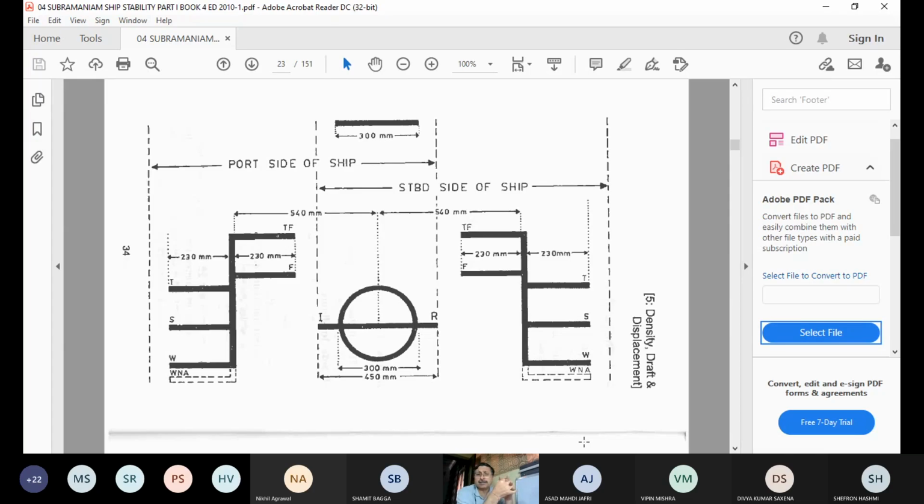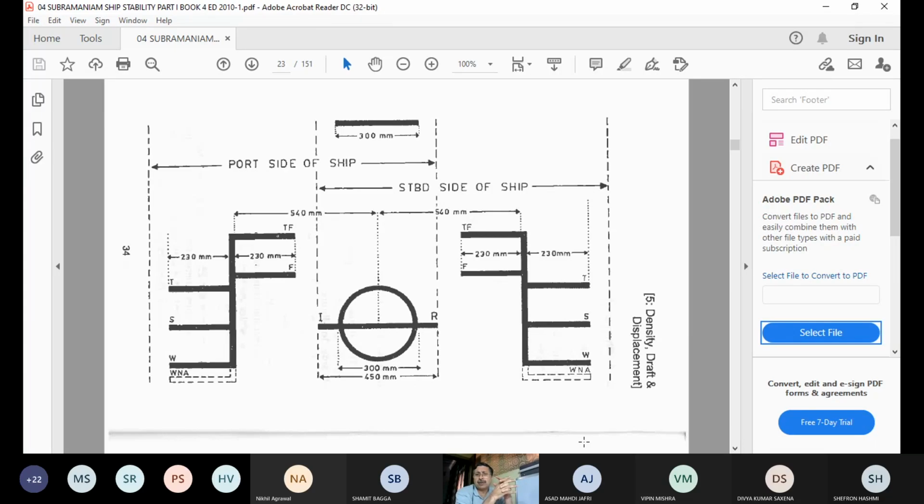at what water line would I be? At S, summer. But now, because I have consumed at sea, what will be my drafts? Less than S, below S, by that much quantum as I have consumed at sea.